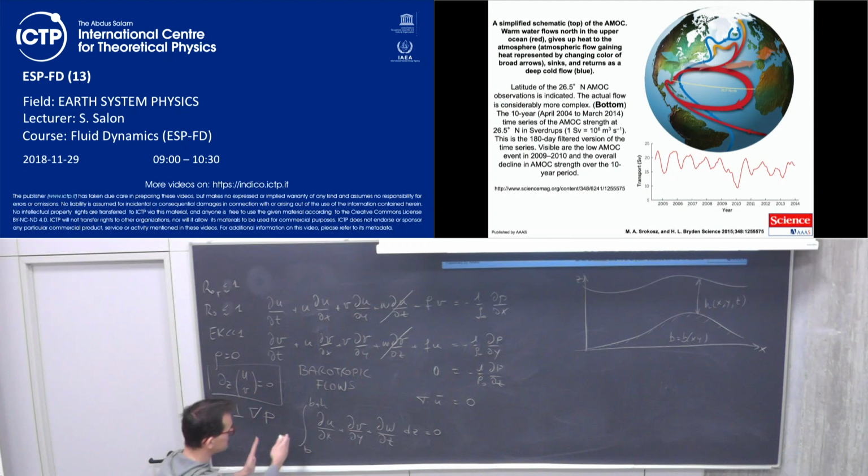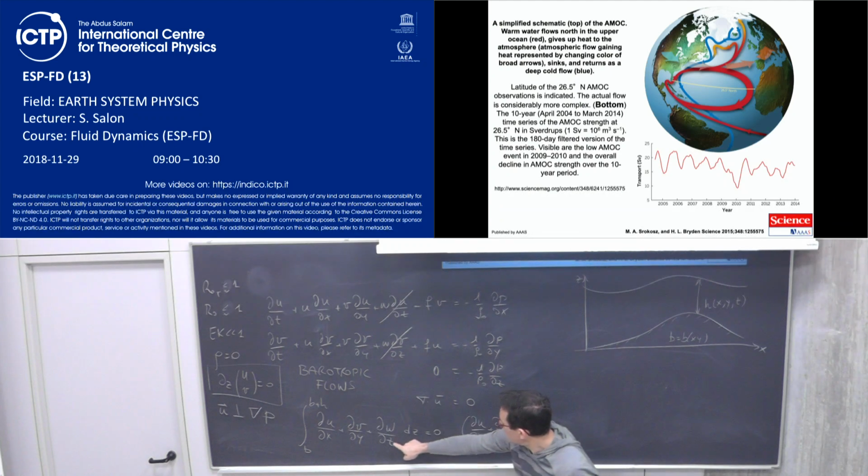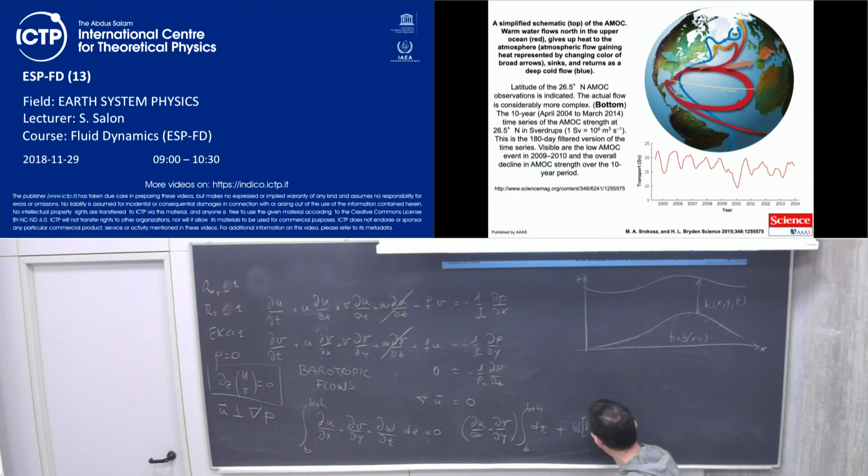If we move this, what we will have is simply du/dx plus dv/dy integrated from b to b plus h in dz, plus, when we integrate this last one, simply w calculated in b plus h minus w calculated in b.